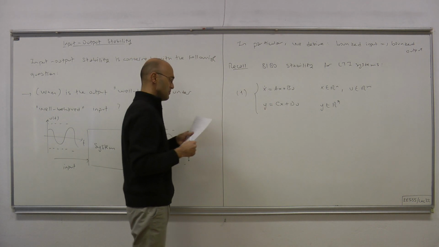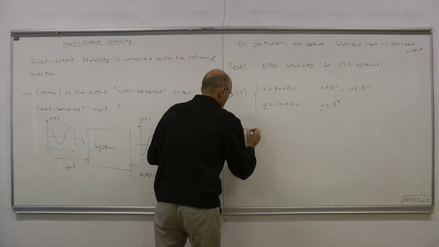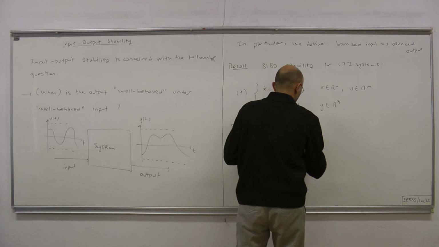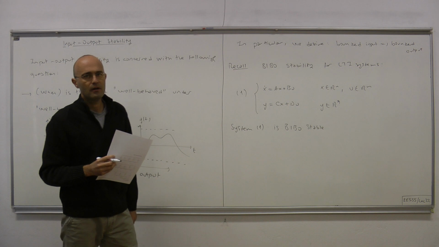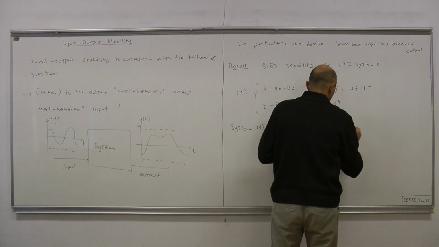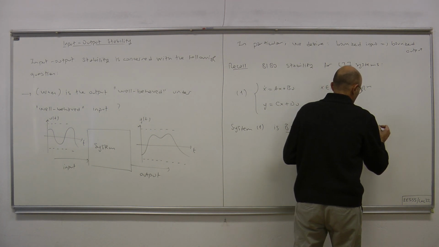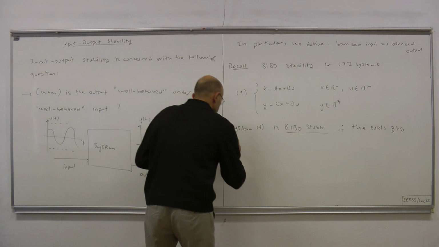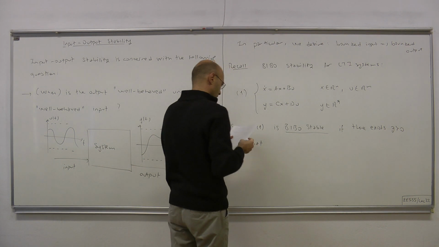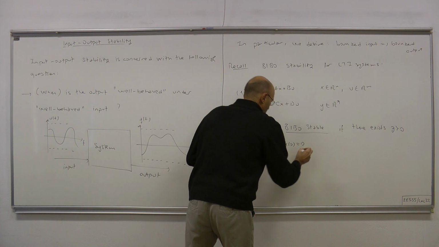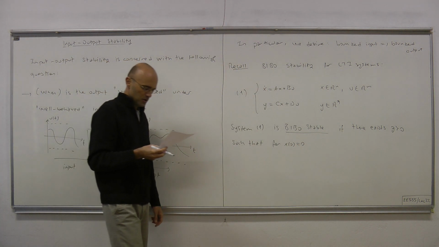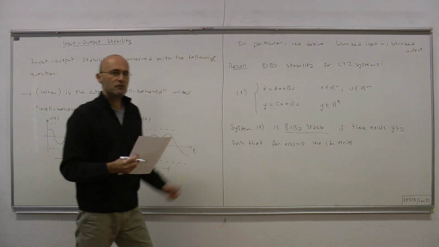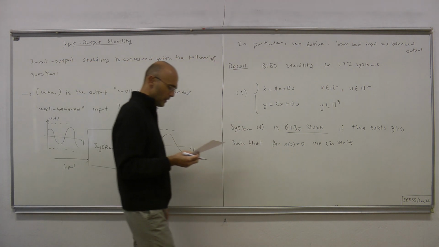Now, this system, the linear system, is said to be bounded input, bounded output stable if there exists a positive number g such that for a system at rest, that is, you set all the initial conditions to 0, the relation between input and output can be described through the following inequality.